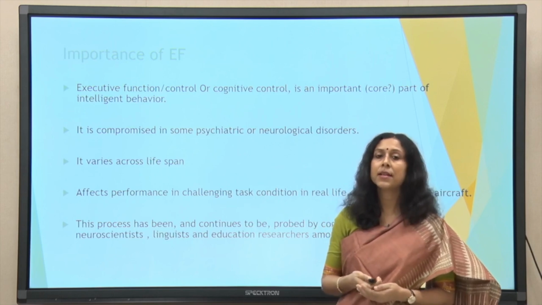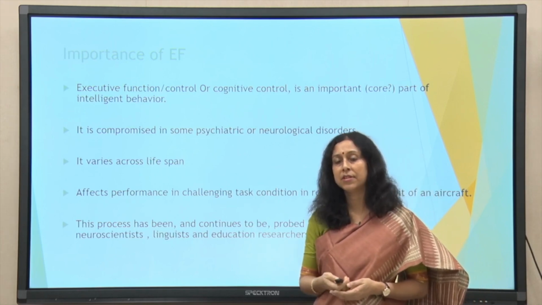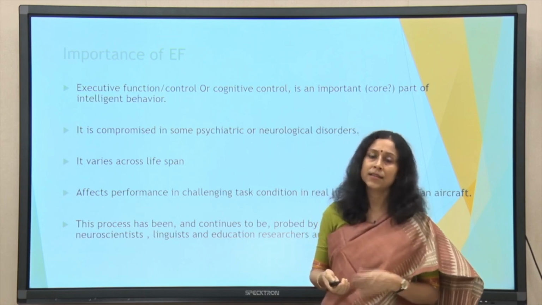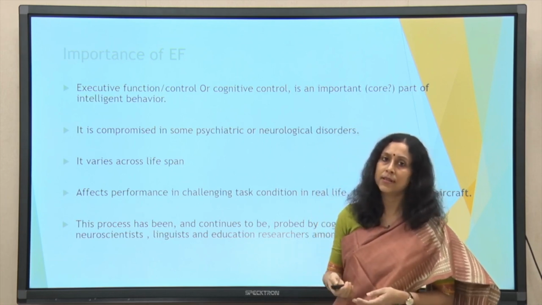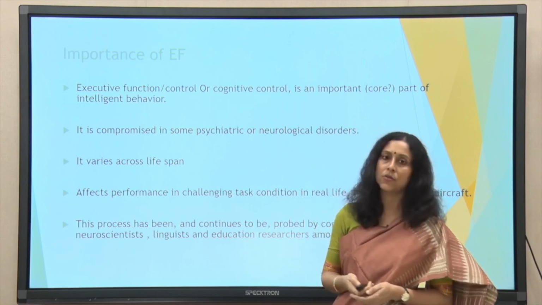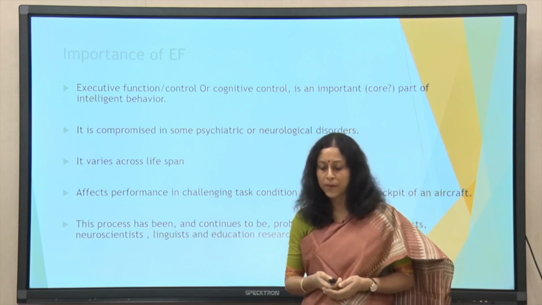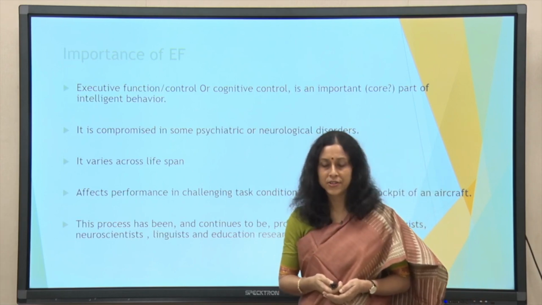Just like we have seen that brain damage affects language functions and creates language disorders, similarly, executive function also gets affected in certain cases of neurological disorder or psychiatric problem and so forth. That is why it is also looked at from the clinical literature perspective as well.